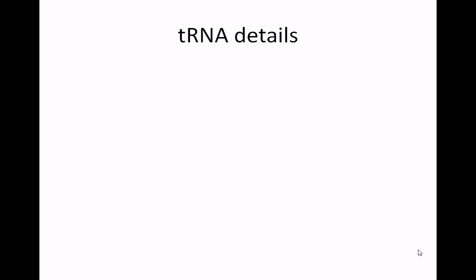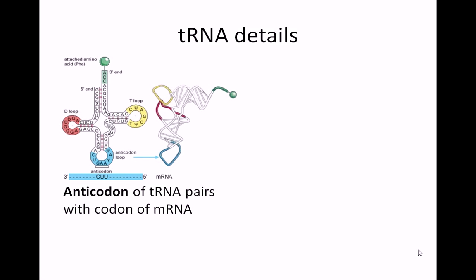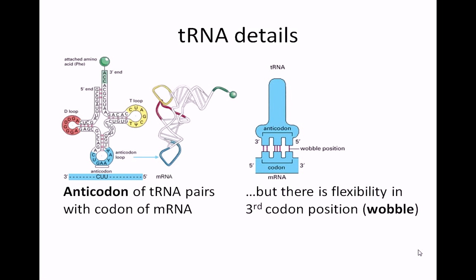We will transition now from talking about transcription to discussing translation, which is the synthesis of protein. First, though, we will take a closer look at tRNA and the ribosome. tRNA is folded into a clover shape and at one end contains an anticodon that base pairs with the codon of mRNA. However, there is flexibility in the base pairing of the third codon position.